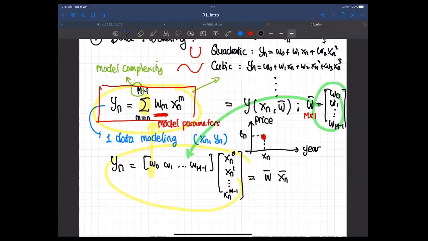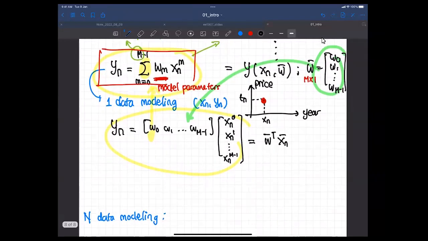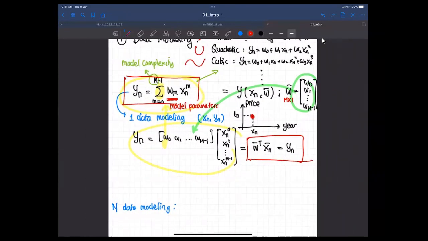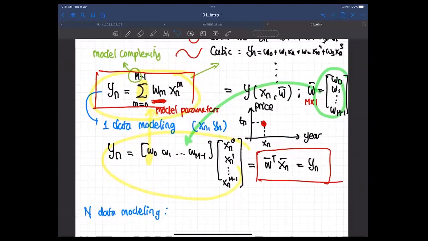Is it correct or wrong? w transpose x, exactly. So that's how you model in the vector form. This is another expression that you need to keep in mind for the polynomial function, the polynomial function expression for one data. Any questions?